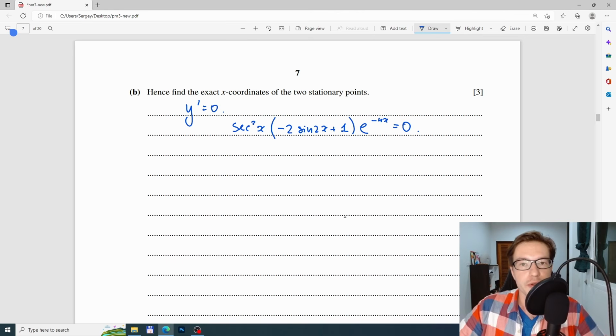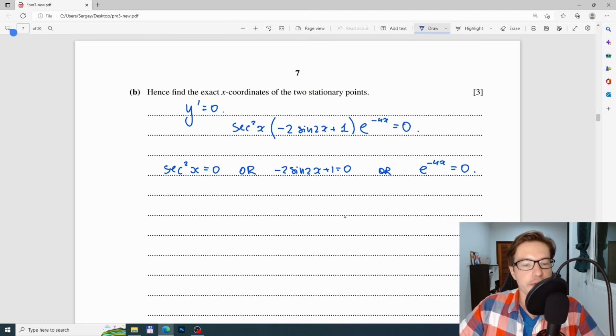Okay, so we have the product of three things, which equals 0. That means either of the factors can be equal to 0. So we could say either secant squared x equals 0, or the bracket equals 0, or e to the power of minus 4x equals 0.